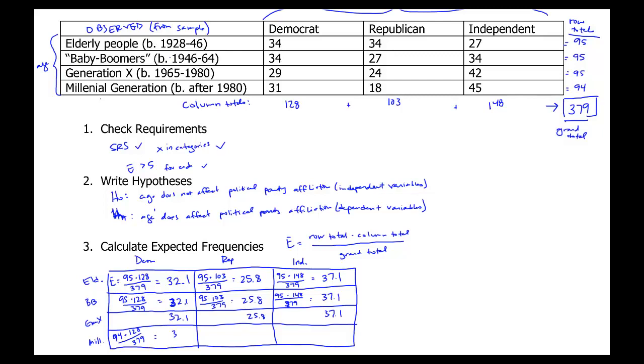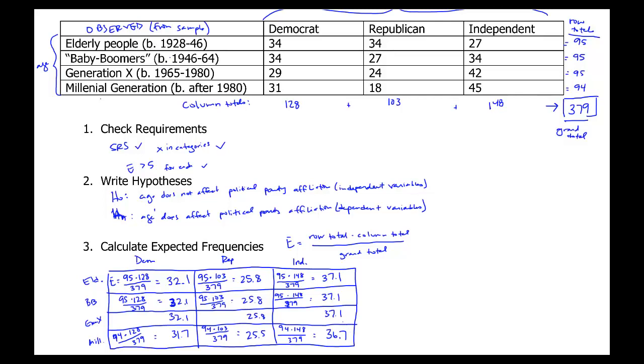And we get 31.7. 94 times 103 over 379 is 25.5. And 94 times 148 divided by 379 is 36.7.